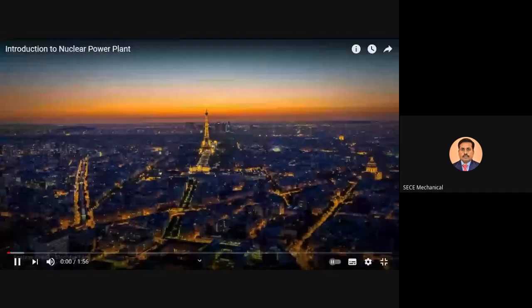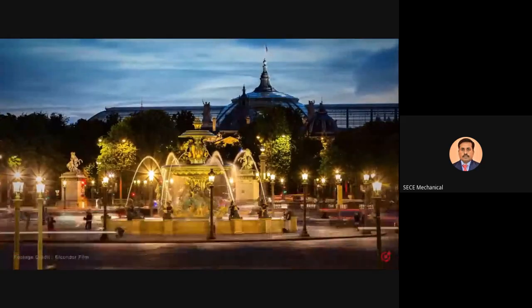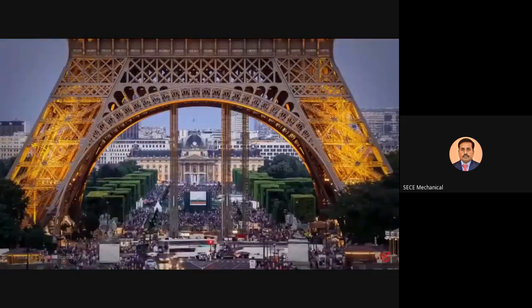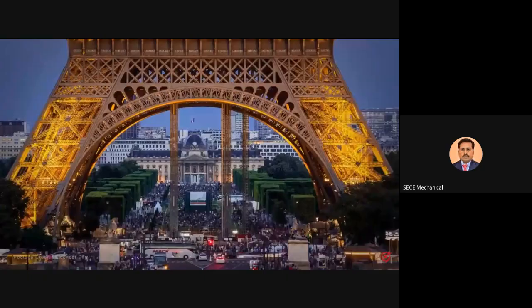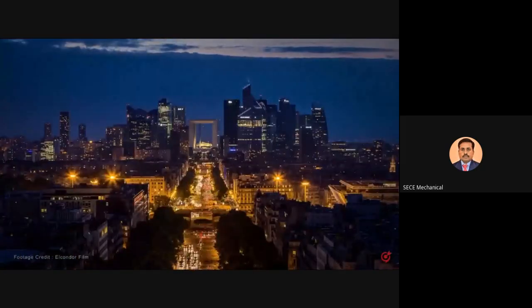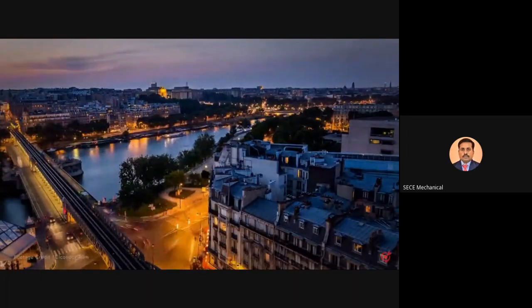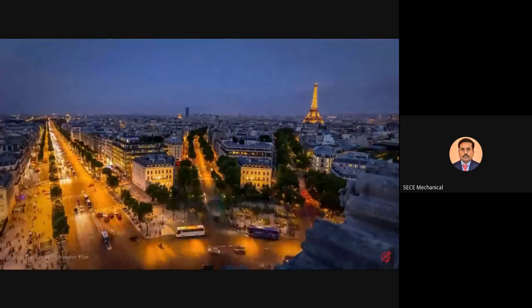You all must agree that we are living in a millennium where we cannot imagine our lives without electricity. With a constantly growing population and our huge dependence on electricity, it was very important to search for a sustainable and viable source of generating electricity which everyone can afford and use.